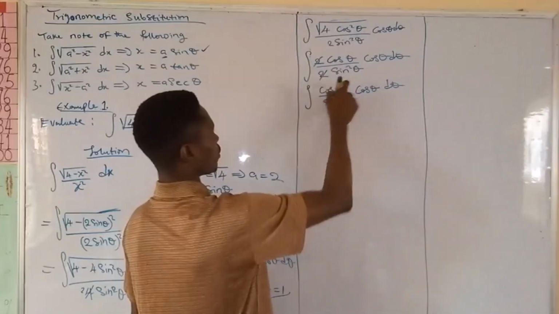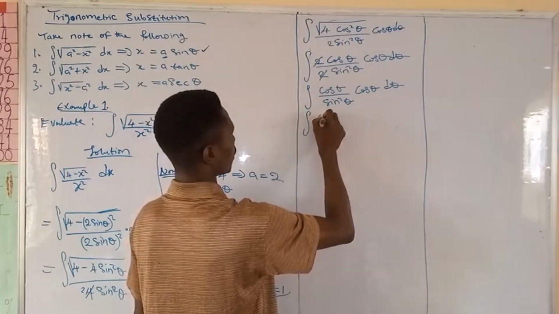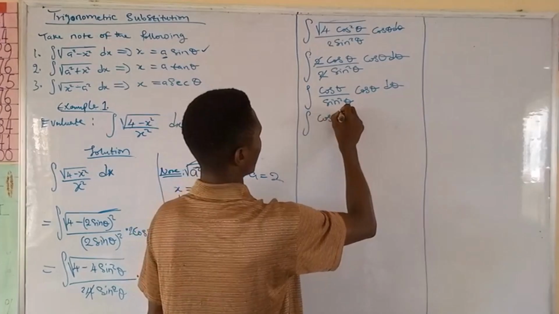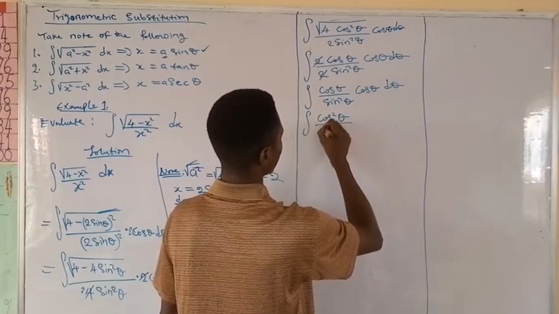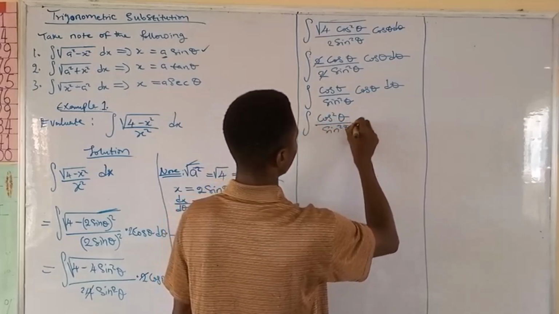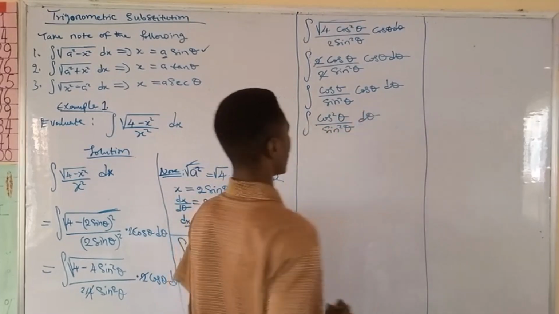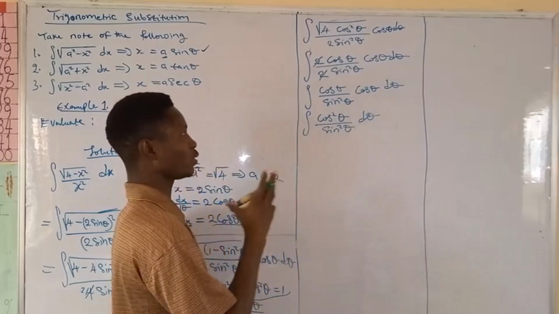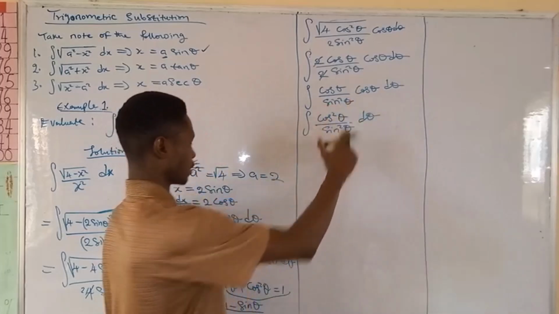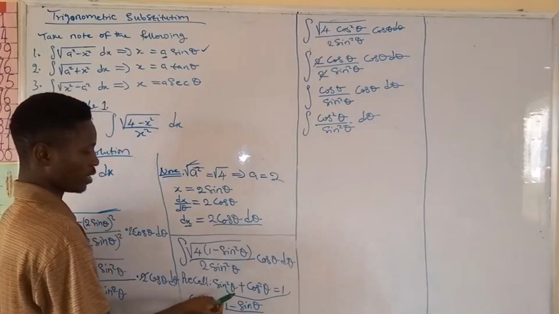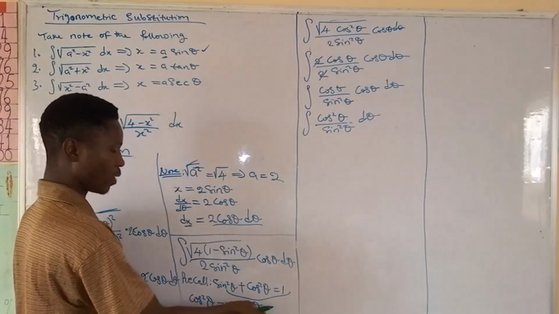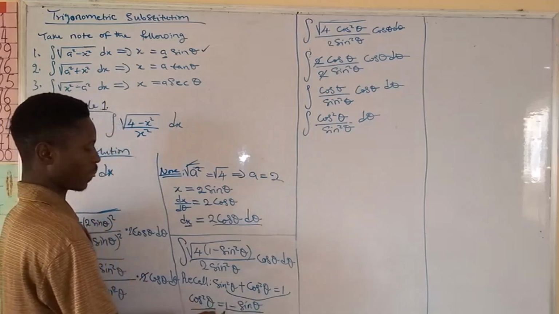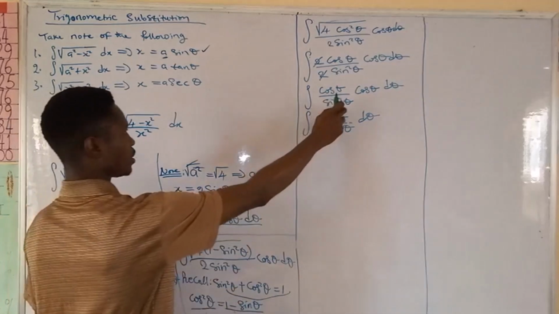This will multiply the numerator for us to get the integral of cos square theta over sin square theta d theta. So at this point, I'm going to resubstitute for this here. Since we know that cos square theta is 1 minus sin square theta and 1 minus sin square theta is cos square theta, I want to return this to this point.